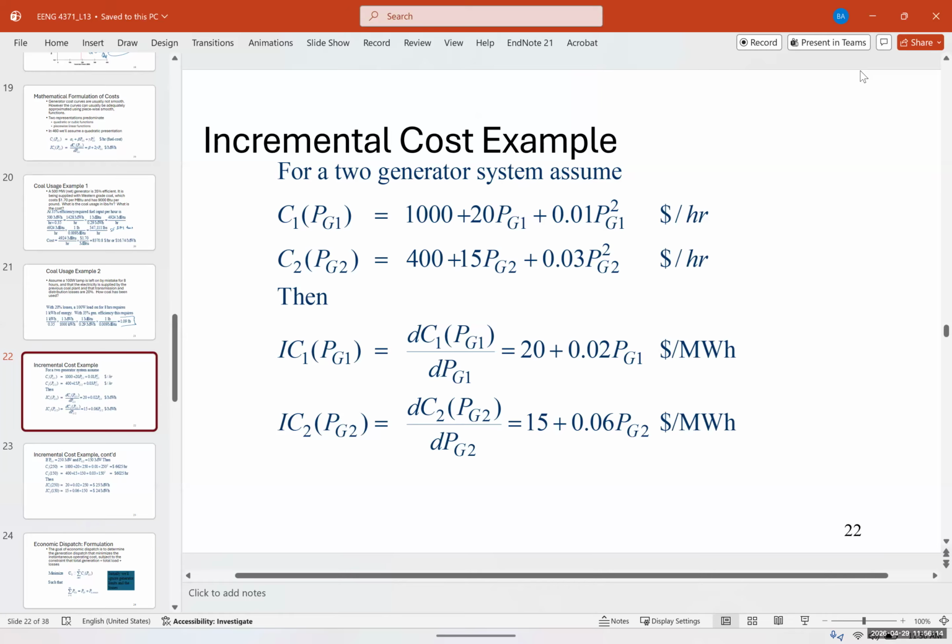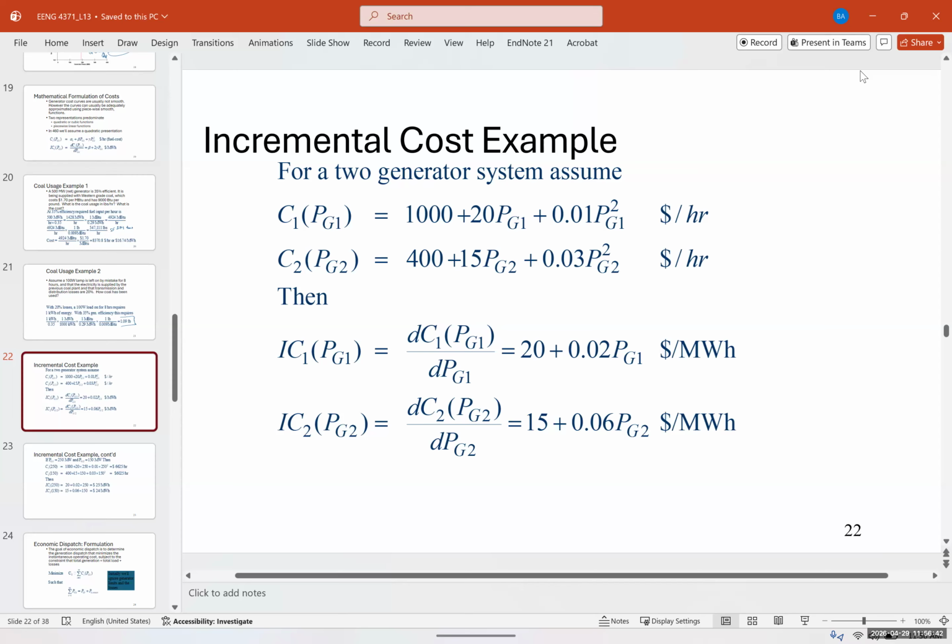Now, this is an incremental cost example. Let's work through this example using actual cost function parameters. For 2 generator systems, we assume that C1 of PG1 is going to be 1,000 plus 20 PG1 plus 0.01 PG1 squared.